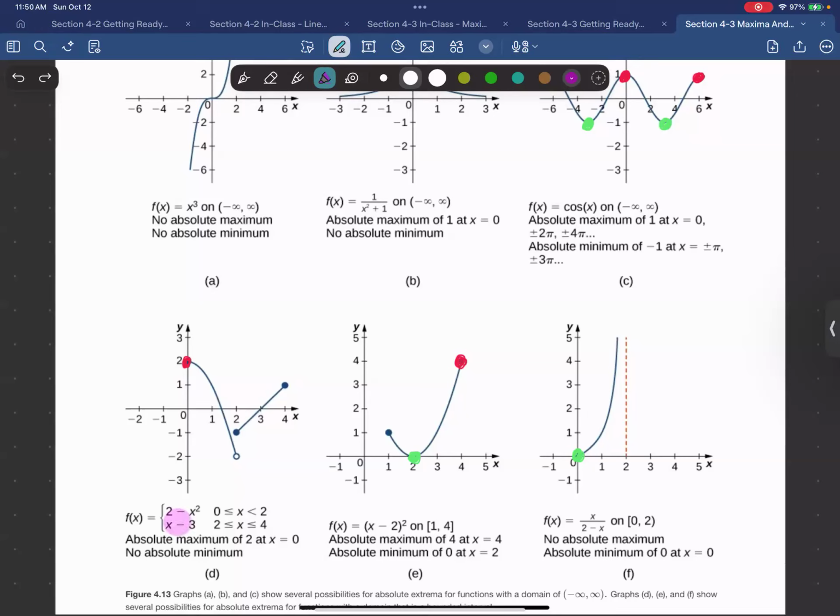On this one, we've got this weird function right here. When you graph it, we can see the tallest point is right there. So we have an absolute maximum of 2, and that's happening at 0. The lowest point looks like it's right here, but we don't really have a lowest point.